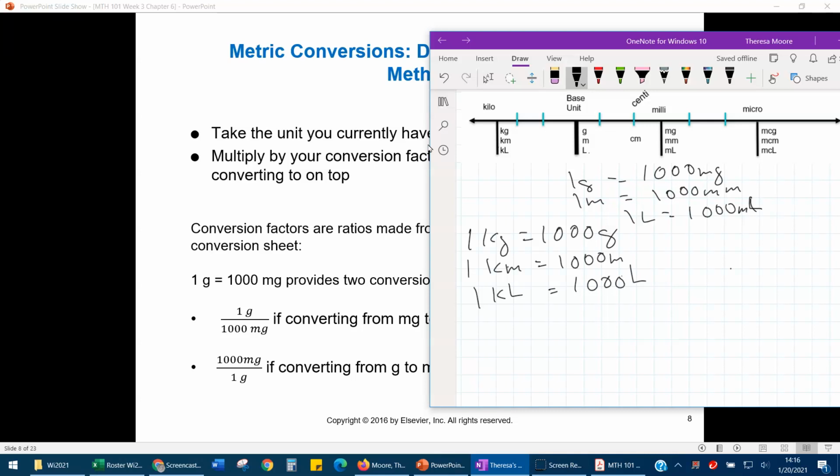And then 1 milli would be 1,000 micros. 1 milligram is 1,000 micrograms. 1 millimeter is 1,000 micrometers. 1 milliliter is 1,000 microliters. These are all what I call equivalencies. We can do the centimeter too. 1 meter is 100 centimeters. 1 centimeter is 10 millimeters.